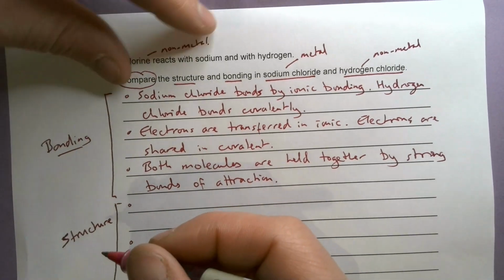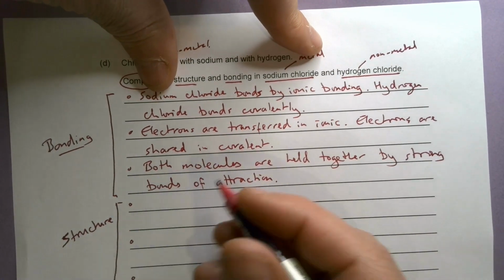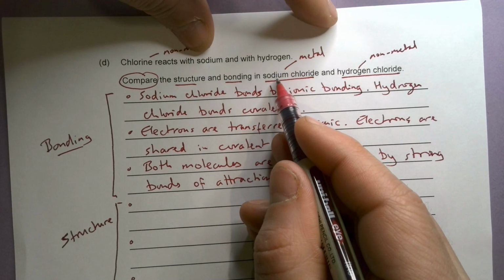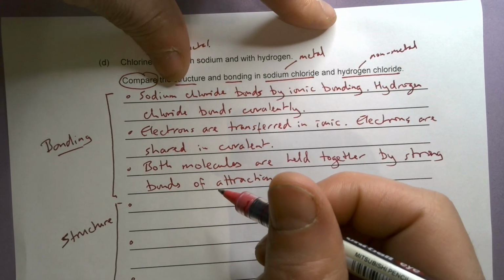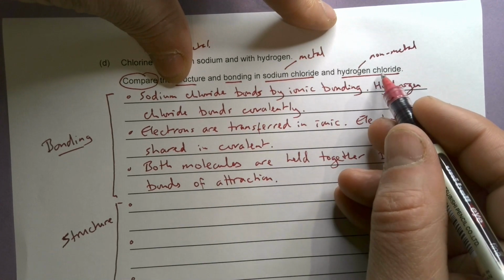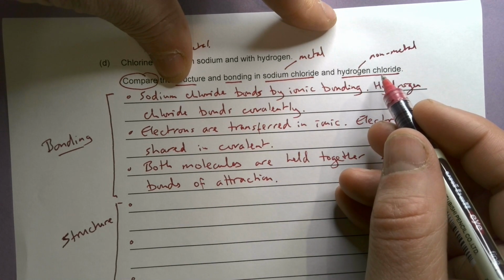So what these things look like. For sodium chloride, for ionic compounds, we get giant structures, a giant lattice, whereas hydrogen chloride will be very simple, a very small molecule.